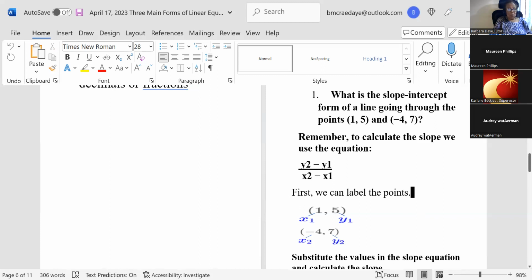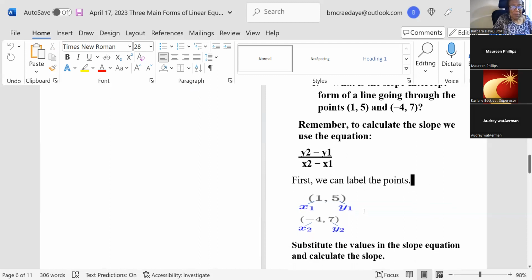You have set 1 and set 2. But to prevent mistakes, just go ahead and label them: x1, y1, x2, y2.